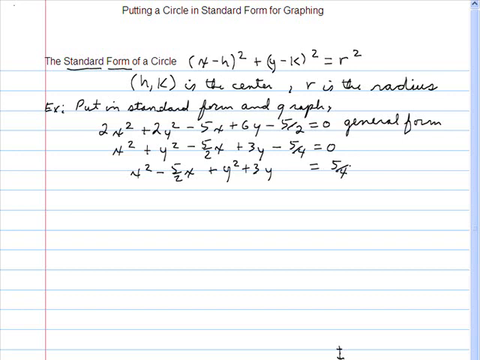Now it's time to complete the square, and remember what square we're trying to complete. The way you figure it out is you look at the second number, the number that multiplies x, not x squared. That number is negative 5 halves. If I cut that in half, it's negative 5 fourths. So my perfect square in x is going to be (x minus 5 fourths) squared.